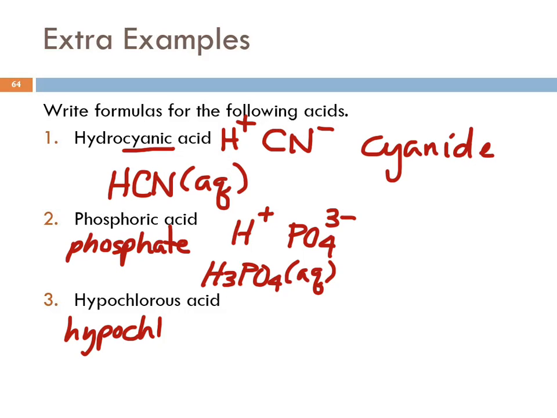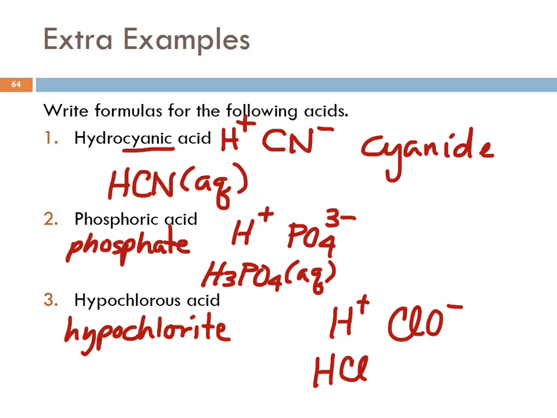This forms hypochlorite ion, which has the formula ClO minus, and then we're combining that with hydrogen, so we get HClO aqueous. That's hypochlorous acid. It's a whole family of acids with hydrogen and chlorine in them.